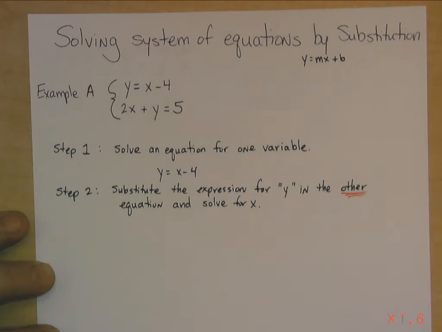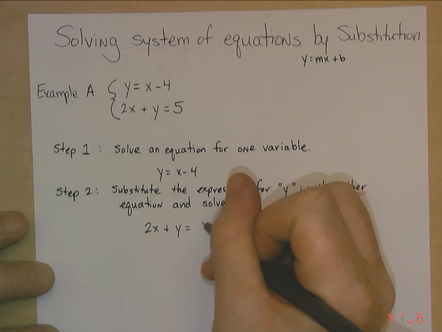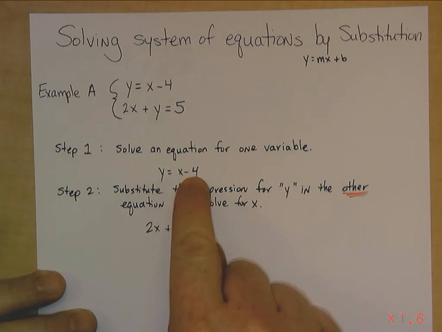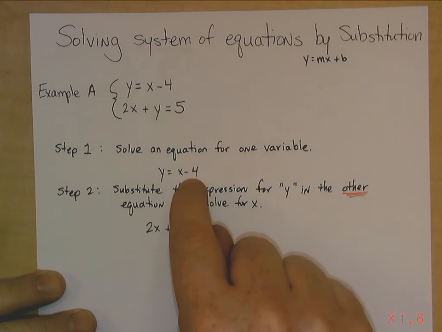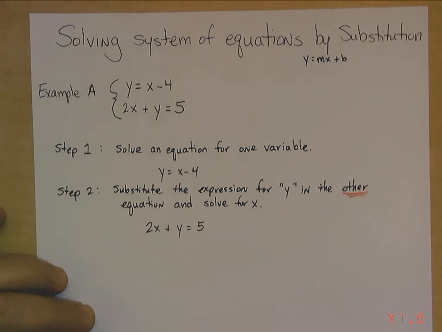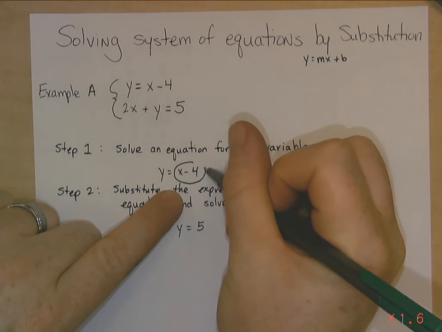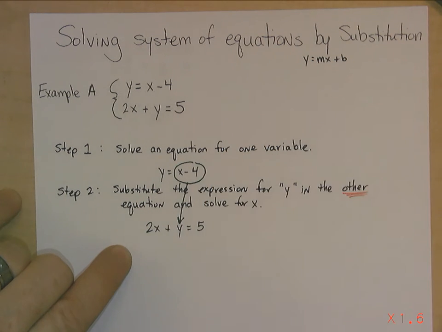So we're going to take 2x plus y equals 5. And instead of using the y, we know that y equals x minus 4. That's the expression, what y equals. So we're going to take that and plug it in here. So if y equals that expression, we're going to substitute it in for that.